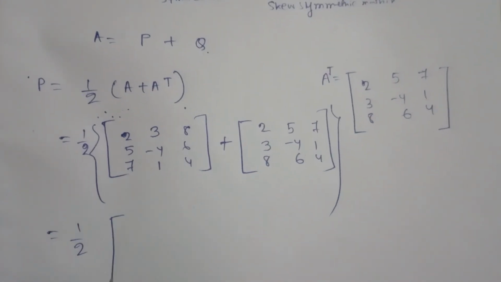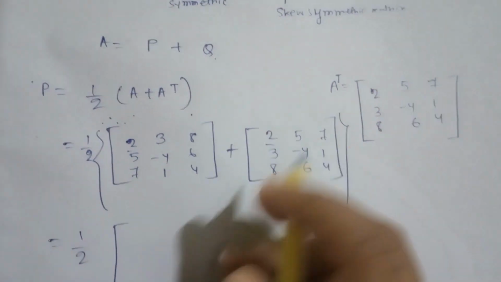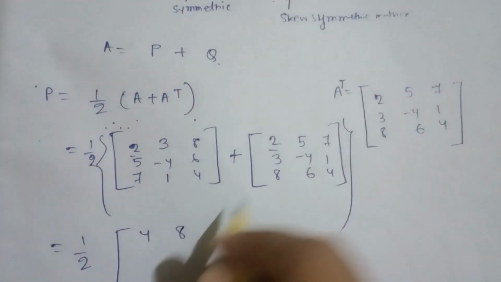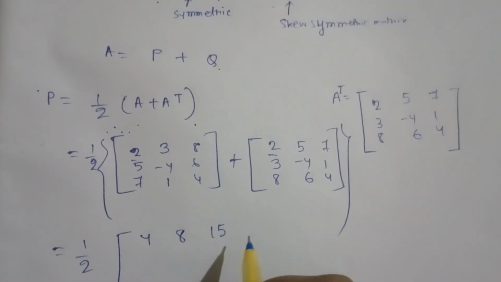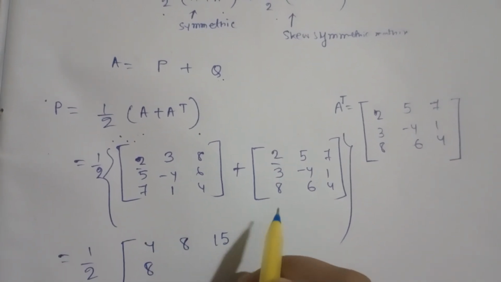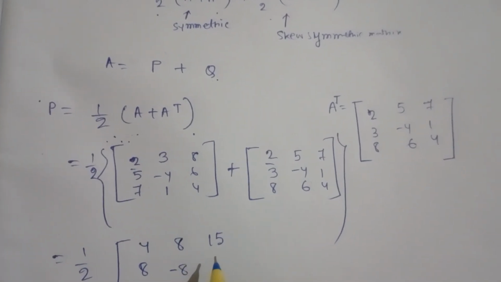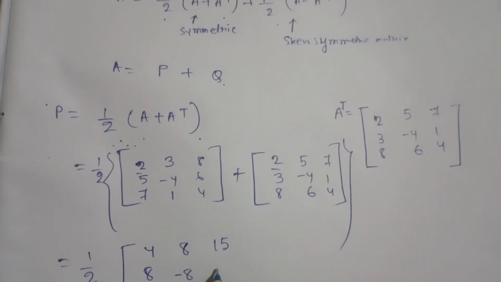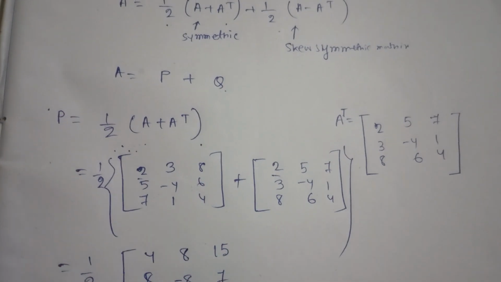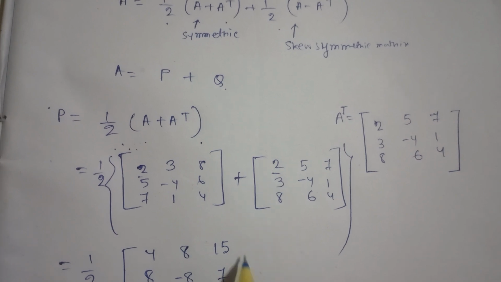Half of: 2 plus 2 is 4, 5 plus 3 is 8, 7 plus 8 is 15; 3 plus 5 is 8, -4 plus -4 is -8, 1 plus 6 is 7; 8 plus 7 is 15, 6 plus 1 is 7, 4 plus 4 is 8.